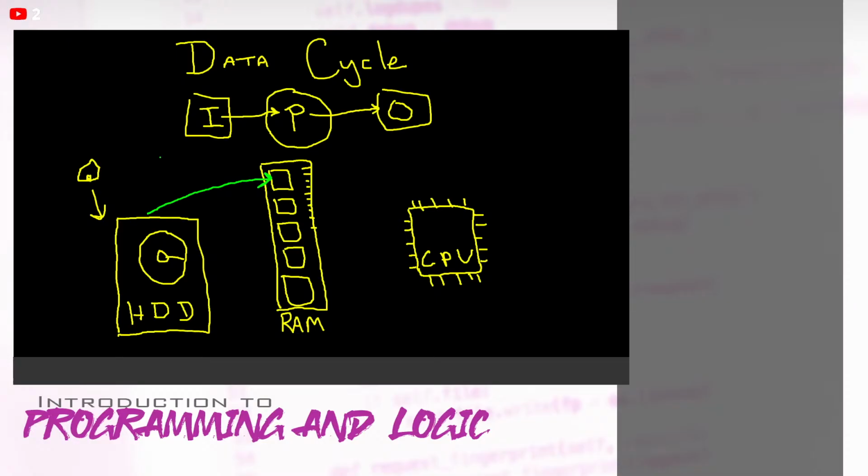Now, our RAM has another name. The other name for RAM is volatile memory. RAM is volatile memory.